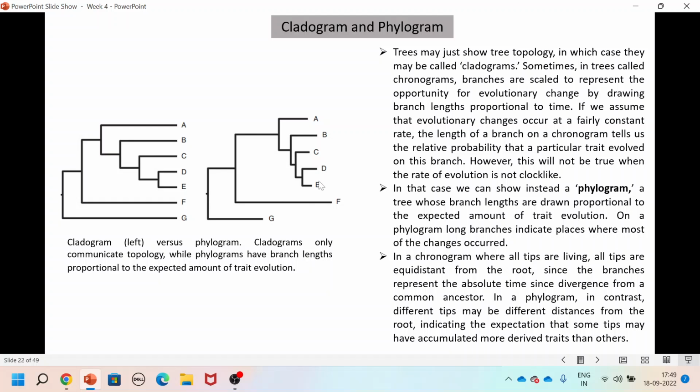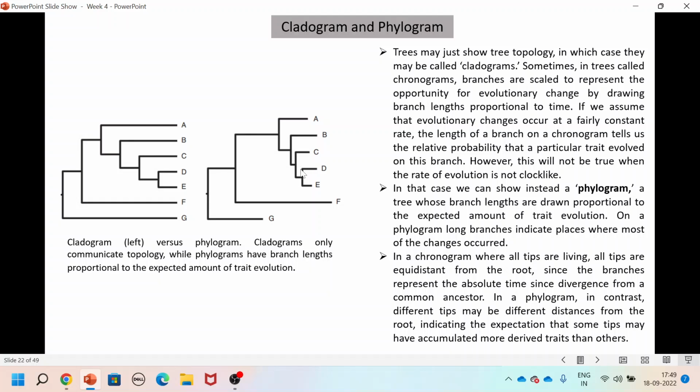But if I talk about D and E, the common ancestor will also include the species which are present at this node. But if I talk about C, D, and E, the species which are present at this node will not be the common ancestor for C. But definitely the species which are present at this node will be the common ancestors for C, D, and E. So basically, if you want to look at the common ancestor, you can check the node from which these different species or tips are originating.